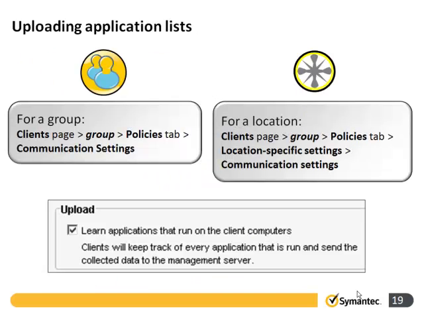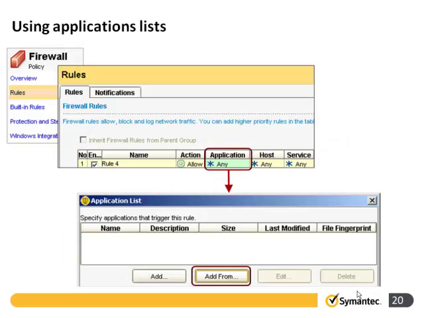So here we can see at the group settings, underneath the policies and communications setting, we can tick the upload box. And that's to tell the local SEP client to upload the learned applications for that particular client. We can also do it for location specifically. And then we can use that application list when creating our firewall rules.